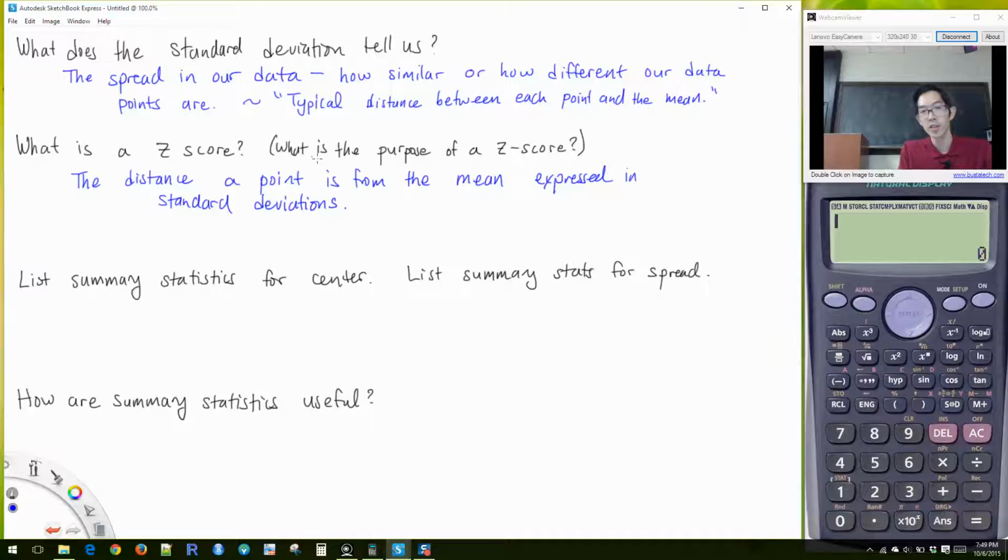And to get at the purpose of the z-score, its purpose would be to put measurements from different things on the same scale.